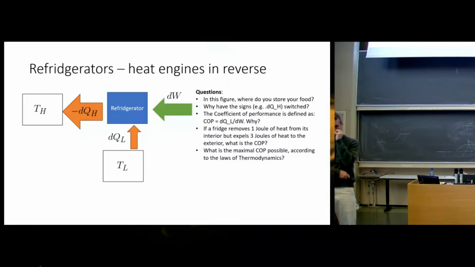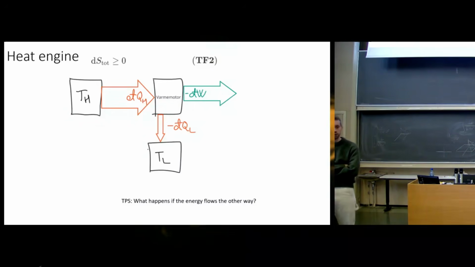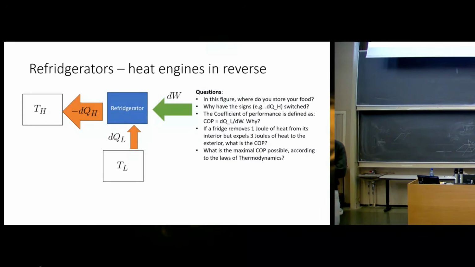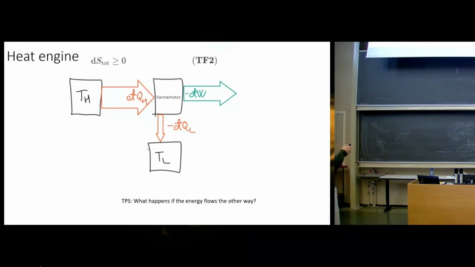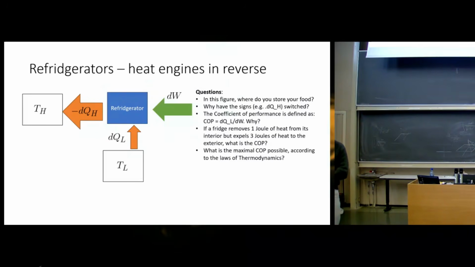Right. So essentially a refrigerator is a heat engine in reverse. And the reason I have changed the signs of all of these things now is because we're looking at the reverse process. So now I'd like you to answer these questions together. In this figure, where do you store your food? Why have the signs switched?